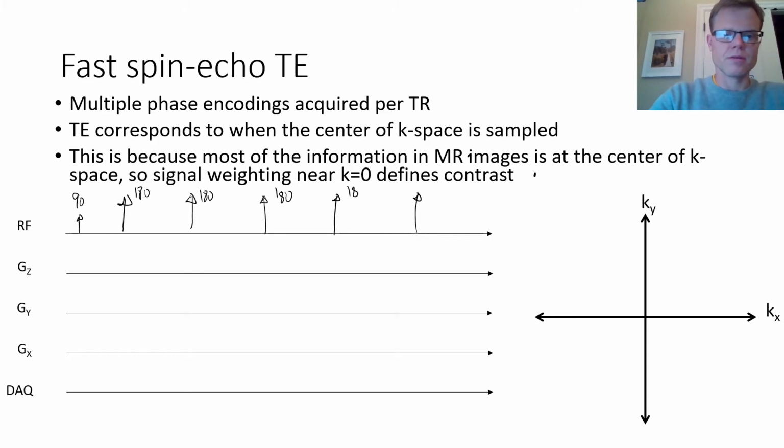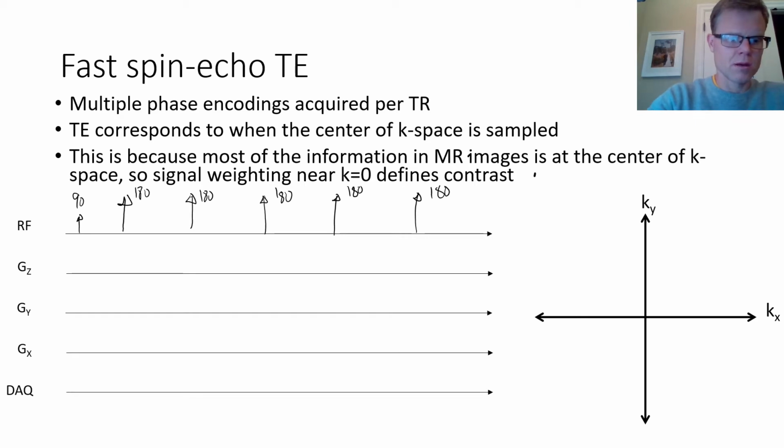Here we start off with a 90-degree excitation into the transverse plane, and then we're flipping over and allowing for refocusing of the transverse magnetization at these regular intervals at this echo spacing.